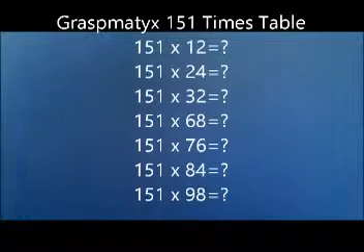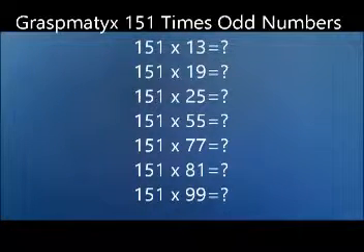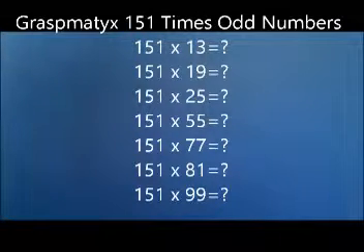Now, some of you, after doing this, you say, wow, this is cool. However, I notice all your numbers here, Dr. Yates, are even numbers. You're multiplying by 151. What if they were odd numbers? That's a very good question. Good perceptional, I would say that's a perceptional question. One of the principles of Graspmatyx is perception. You perceive that.